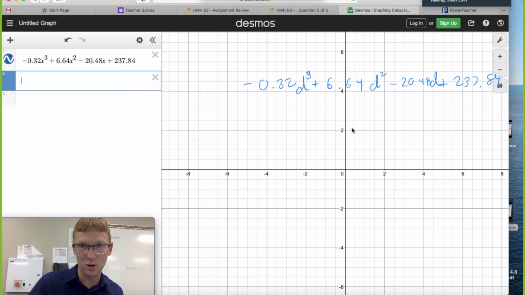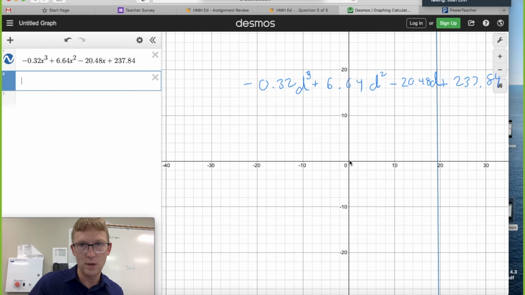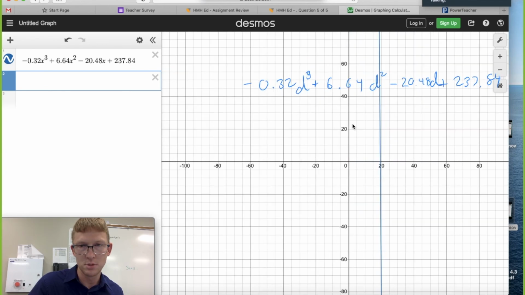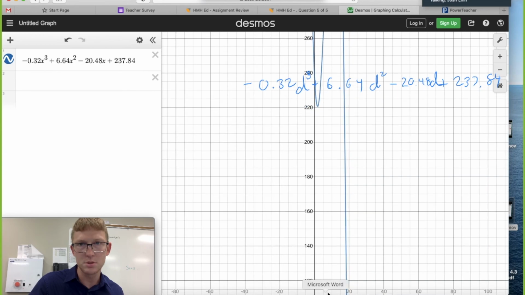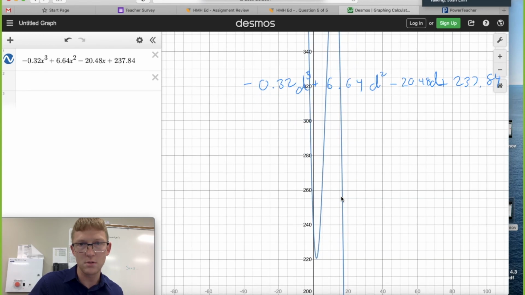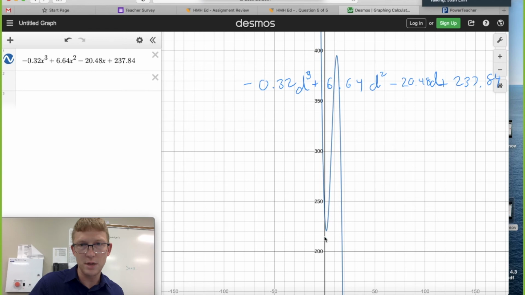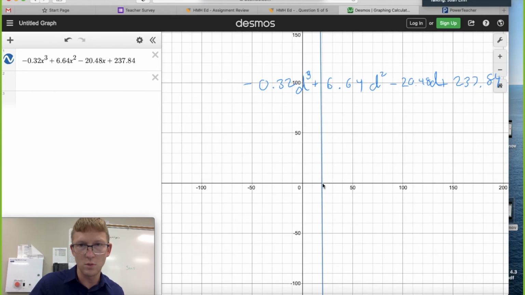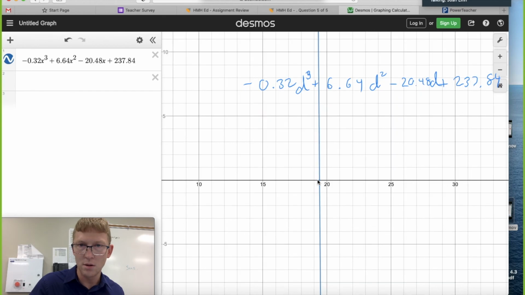Not even on the screen. So we're going to zoom out. So there's some stuff up here. So these would indicate that there are some imaginary zeros. But since we're dealing with the real world, we only care about this one.